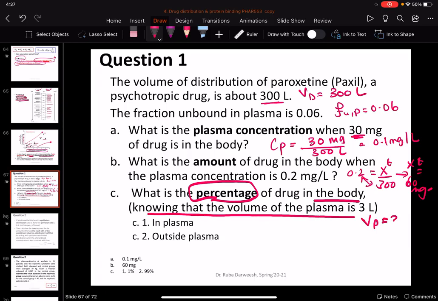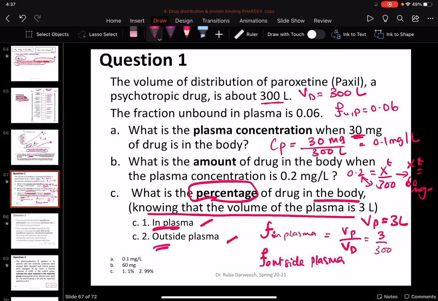Okay, what is the percentage of the drug in the body, knowing that the volume of the plasma equals 3 liters, in plasma and outside plasma? Once you are asked in plasma and outside plasma, you go directly to the fraction in plasma in terms of volume. The fraction in plasma would be equal to the volume of the plasma over the total volume, which is the volume of distribution, which would be equal to 3 over 300.